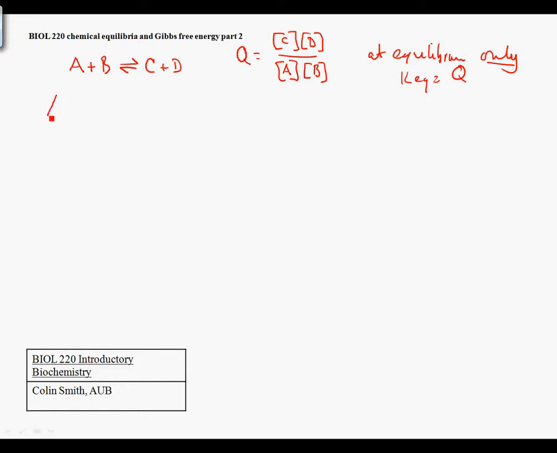So we have an expression that is that the free energy change of a reaction, in this case from A plus B to C plus D, is equal to the standard Gibbs free energy change at standard conditions, 1 molar concentration, plus a factor that depends on the concentration of the components.